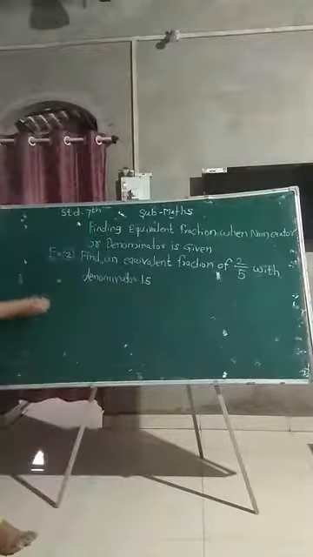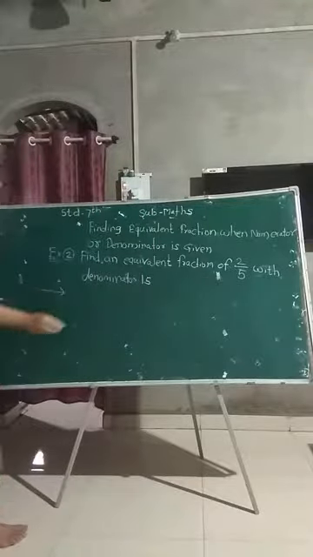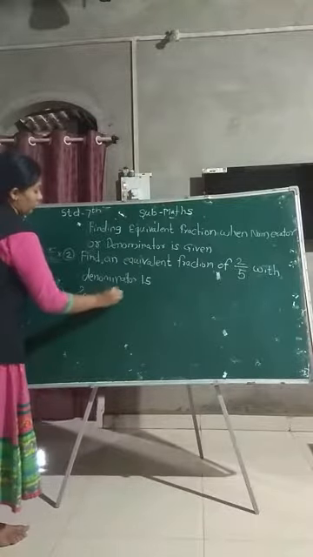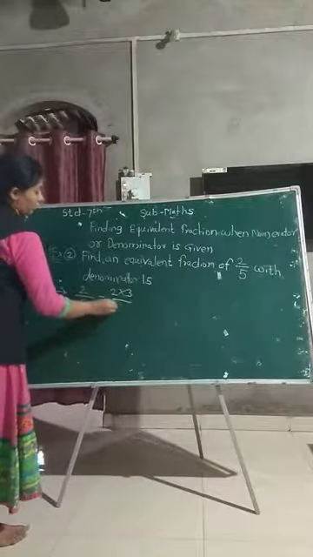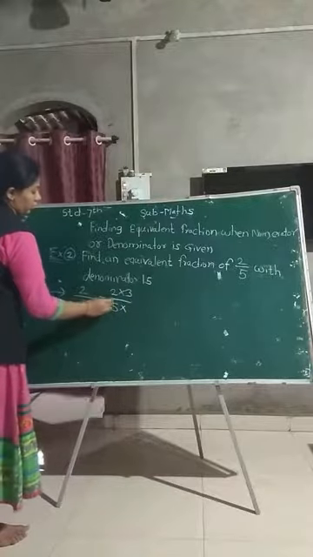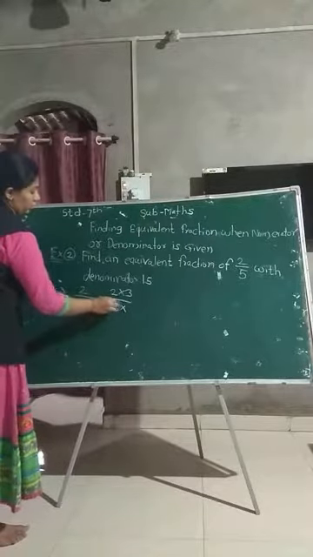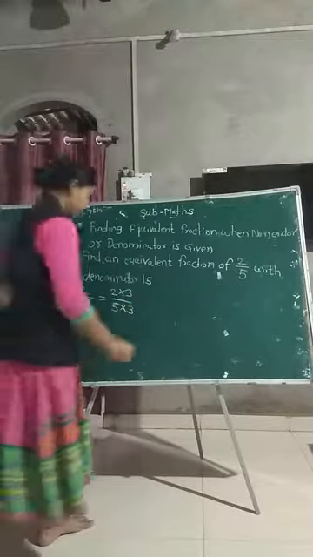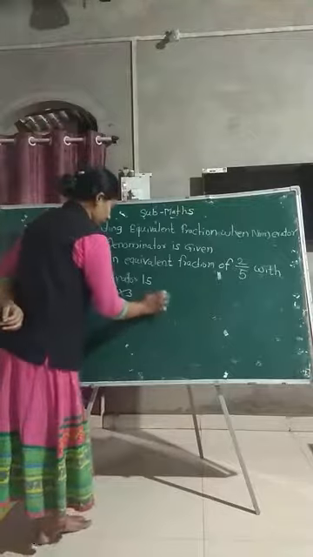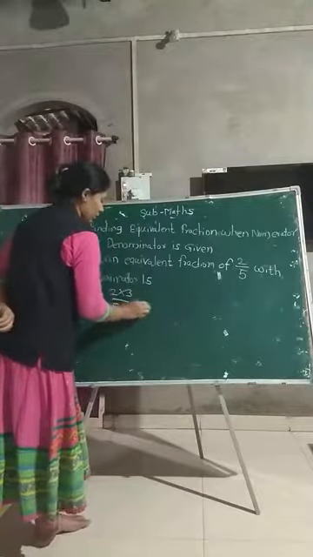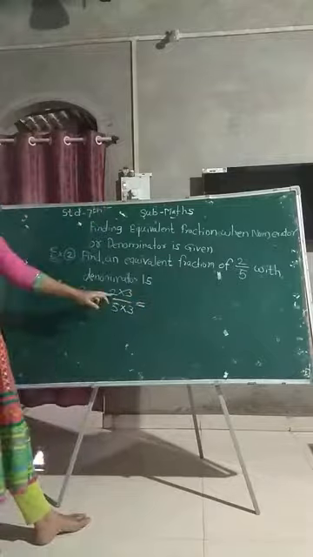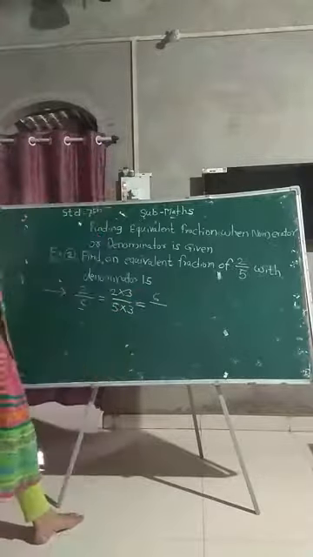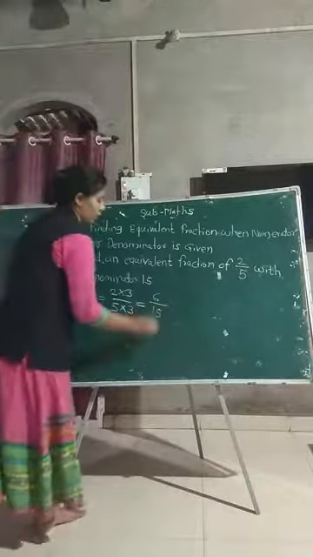So in solution we write 2 upon 5 is equal to 2 into 3 upon 5 into 3, which is equal to 2 into 3, 6, and 5 into 3 is 15. 6 upon 15.